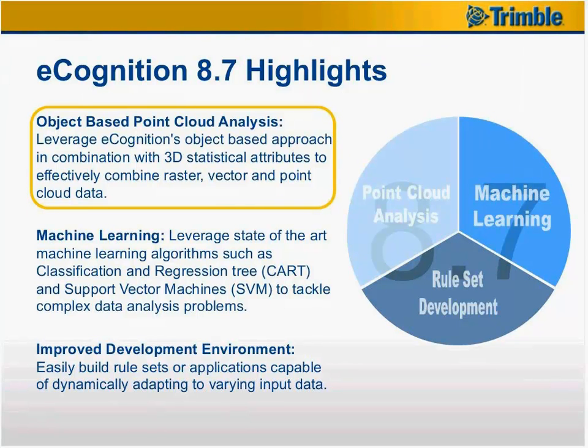Now something about the machine learning. We added a new process to eCognition which offers some state-of-the-art machine learning algorithms like CART and support vector machine. With such supervised classification approaches, it is now possible to tackle complex mapping problems, for instance, to classify hyperspectral data.